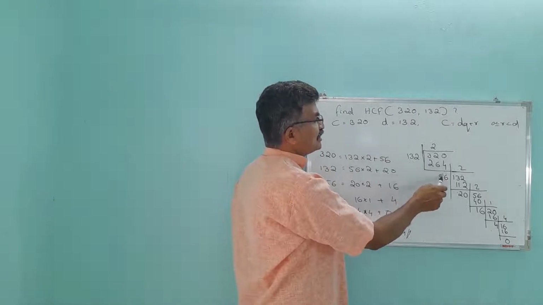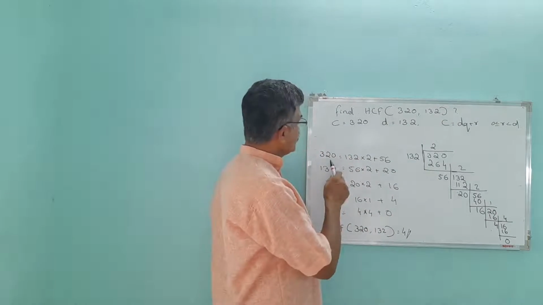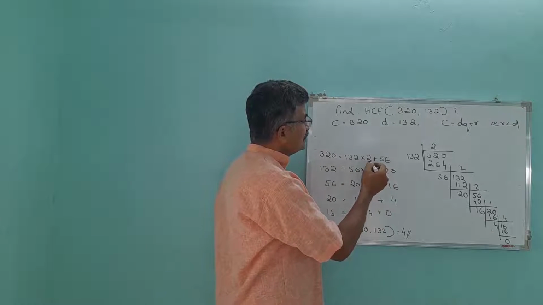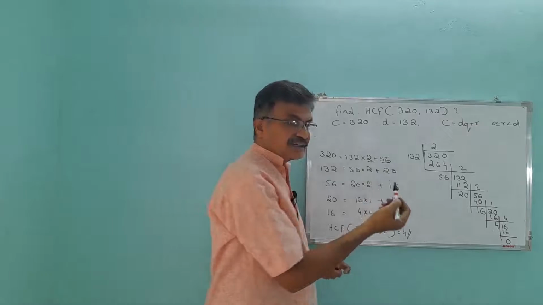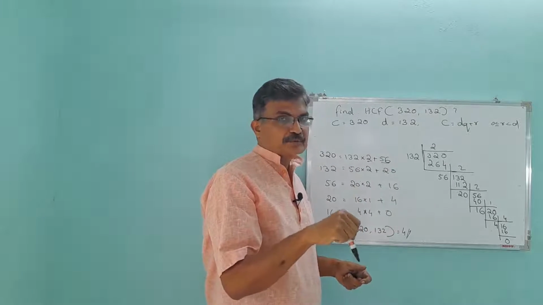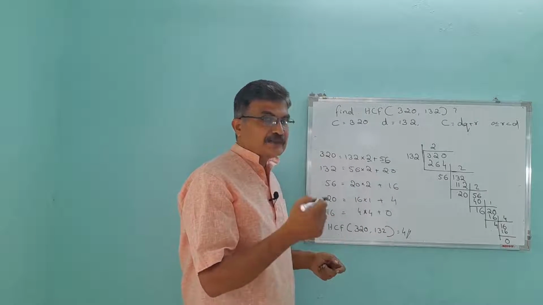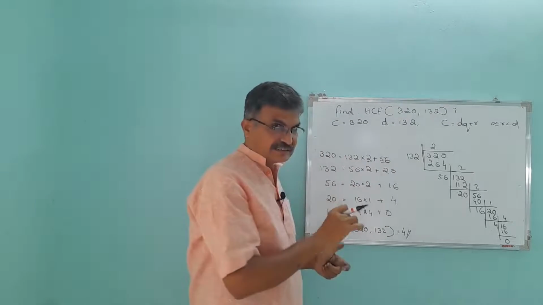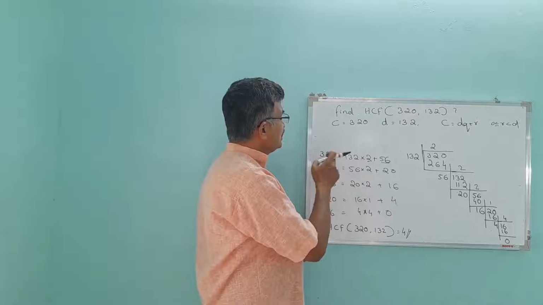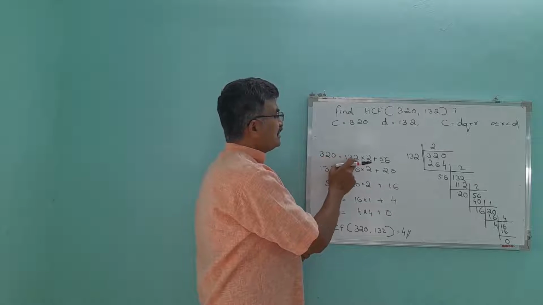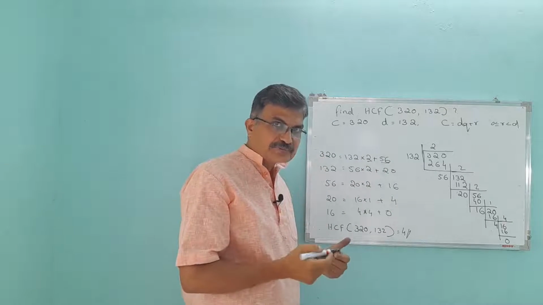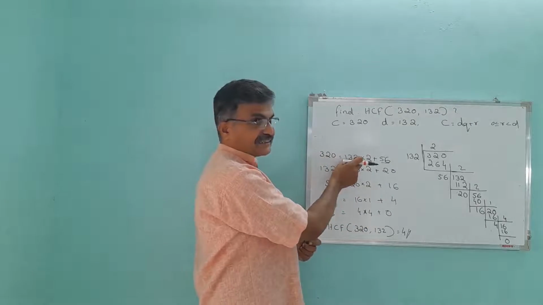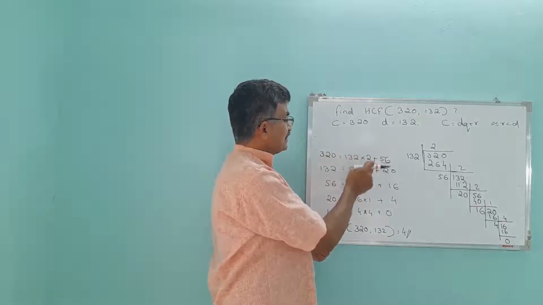320 is equal to 132 into 2 plus 56, by the test of divisibility. Here this is Q, this is R. R is not equal to 0. What will we do? Apply the division lemma to D and R. In other words, we replace C with D and D with R, or replace the dividend with the divisor and the divisor with the remainder.